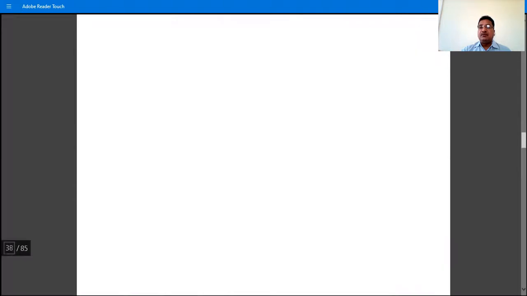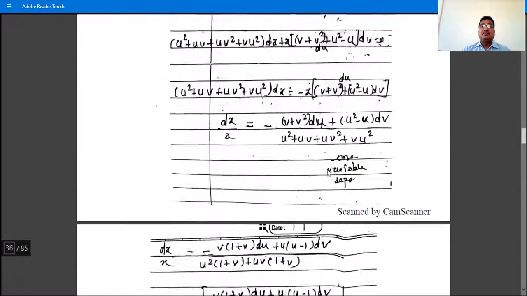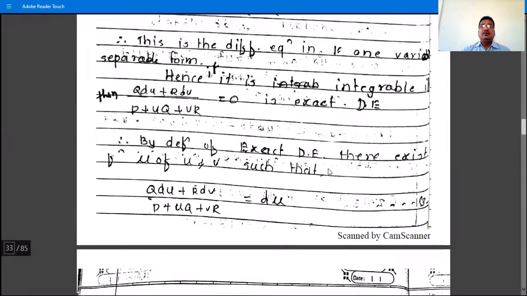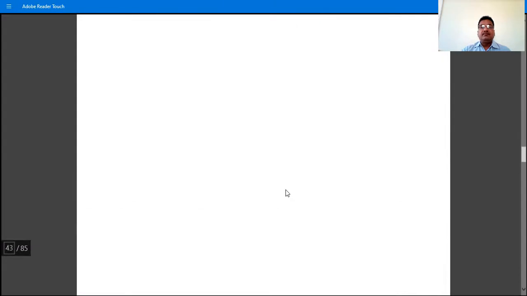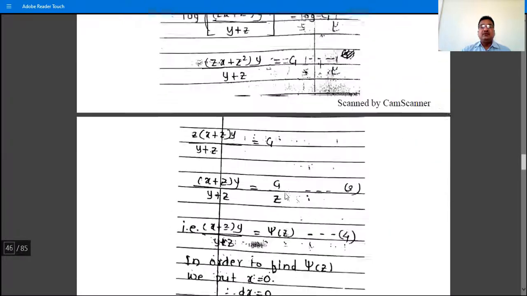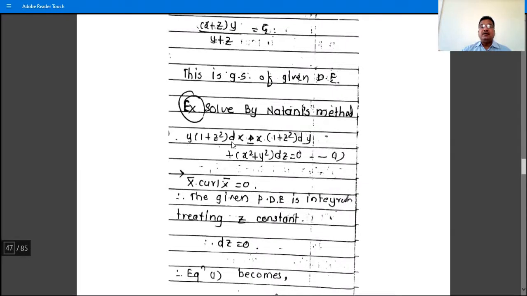So what is the example? This is the example, observe this example. (y dx − x dy) divided by (x² + y²) is a derivative of tan inverse y by x or tan inverse x by y.